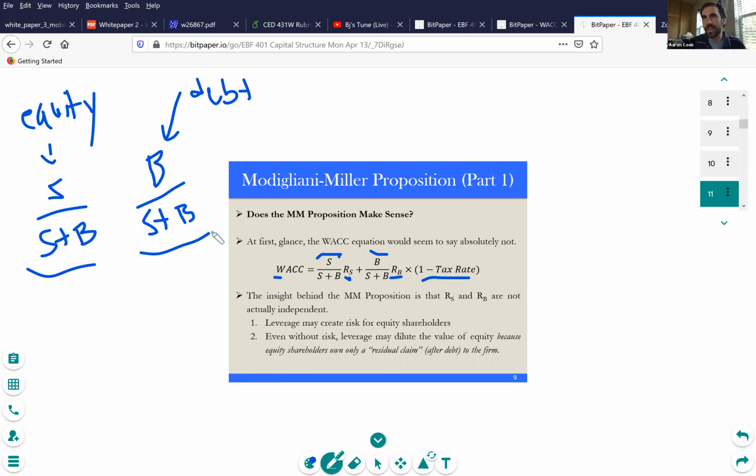The reason is that, as we saw in that last example, returns can change with leverage, but the risk also changes. One of the key insights from the capital asset pricing model was that extra risk isn't free. It has to come at a cost.